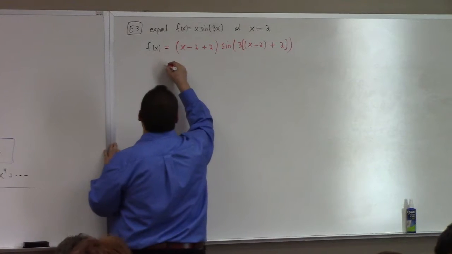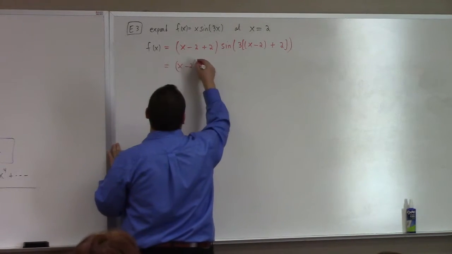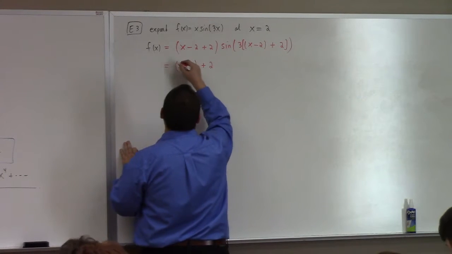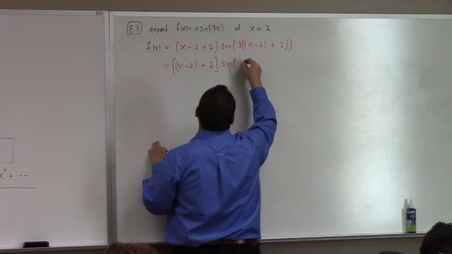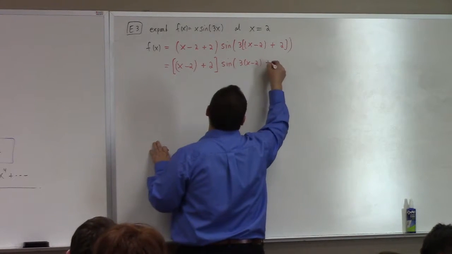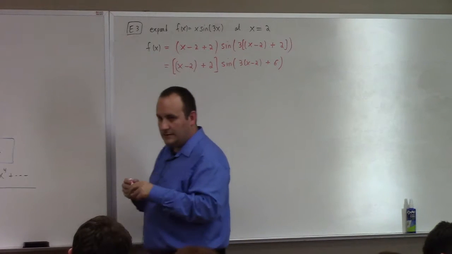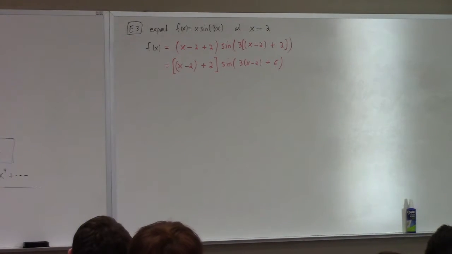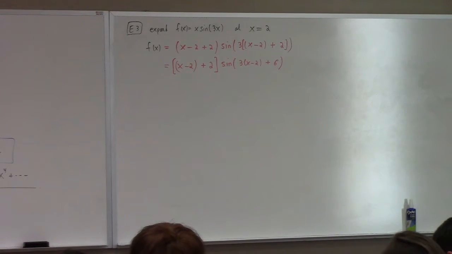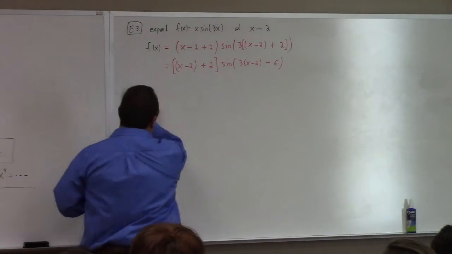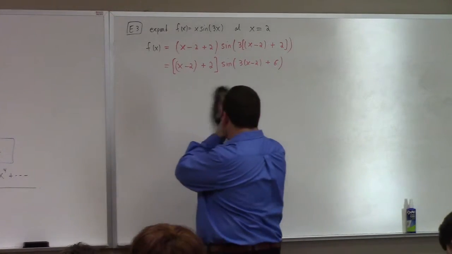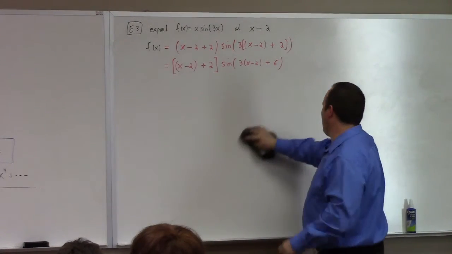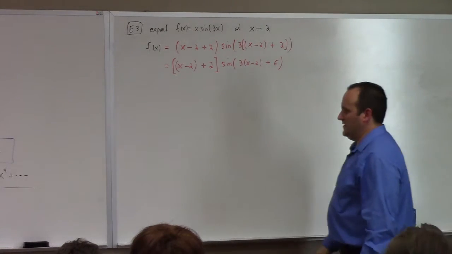All right, so to expand on that, that's x minus 2 plus 2. I'll leave this x alone out here to start with. And that's the sine of 3 times x minus 2 plus 6, right? Unpleasant.